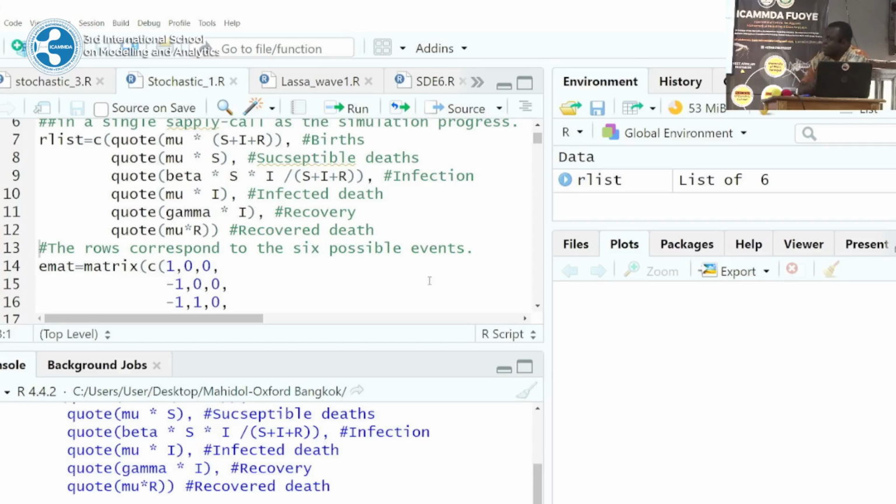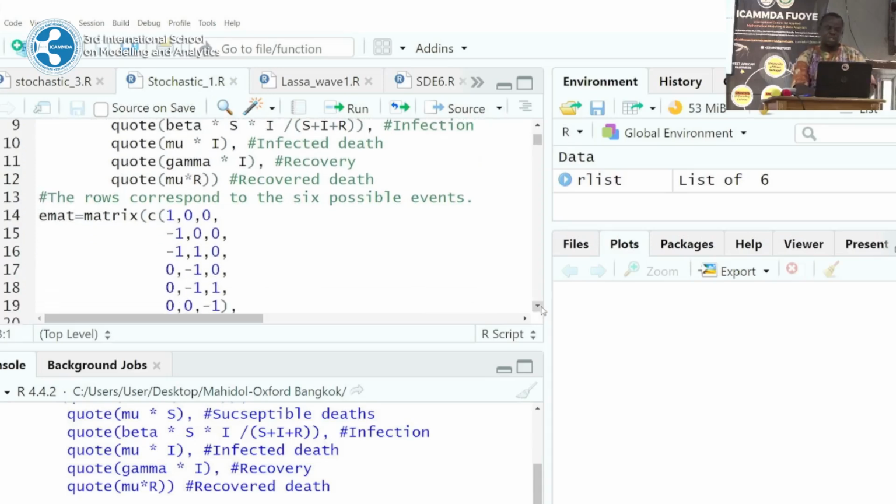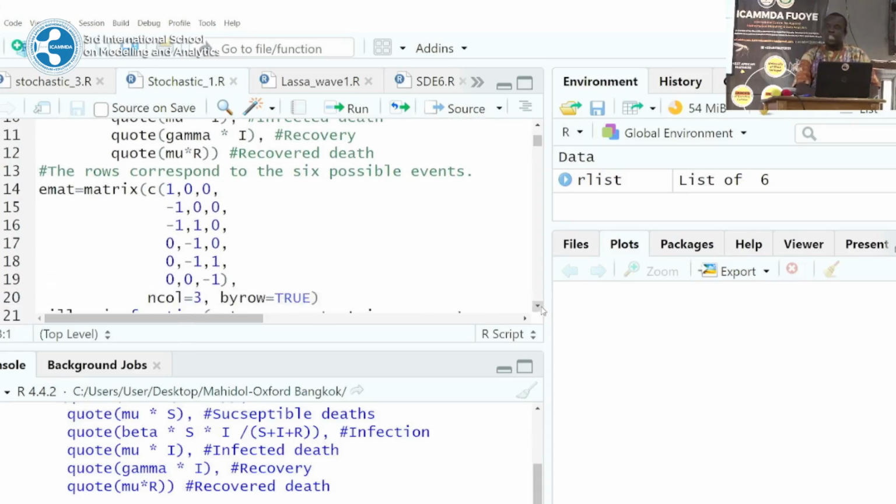So for the event matrix, you have the rows corresponding to 6 possible events. The first one is the births, which happens in the susceptible class. That's the first event. We don't have that in other classes, so all the rest are zeros.